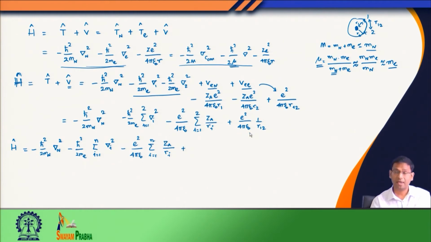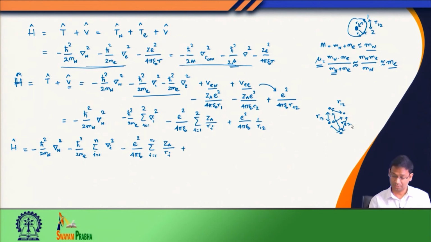Now, since I have n electrons, there will be some changes over here, because when I had simply 2 electrons, I had only one interaction, r_12. If I introduce a third electron, I will have r_13, r_23. If I introduce a fourth electron, the new electron will interact with all the previous electrons. So, therefore, there will be 6 terms.